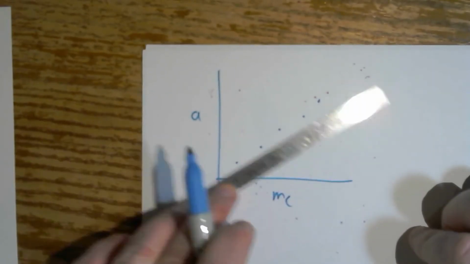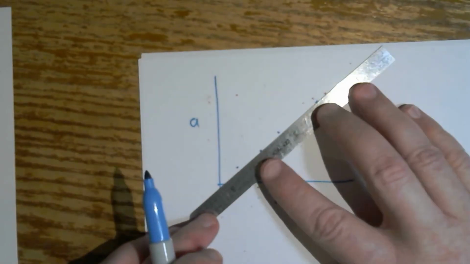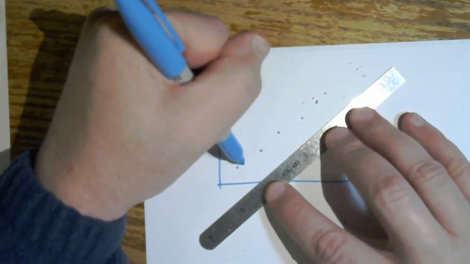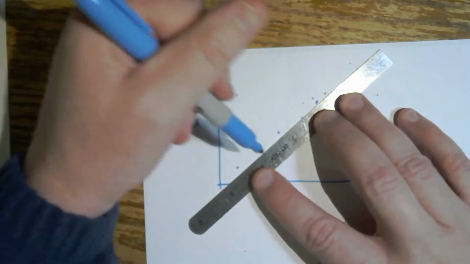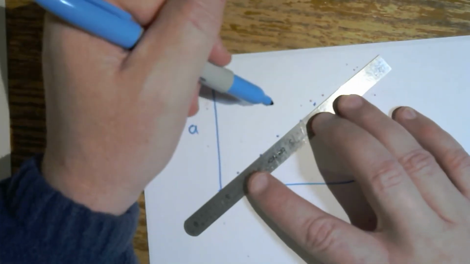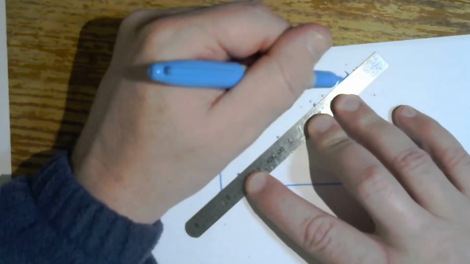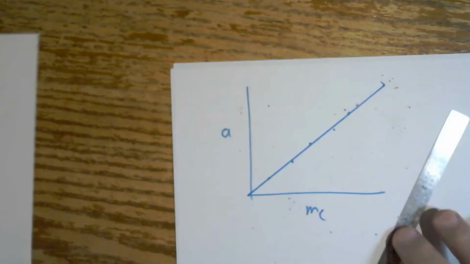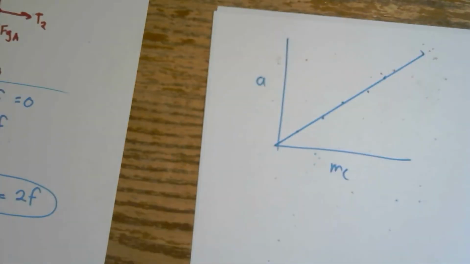When it says draw best fit line, make sure you have a ruler, guys. Super easy, draw your best fit line. Make sure you have roughly half the data points above and half below the line, and you'll have something like that. That's just 1 point to draw your best fit line.